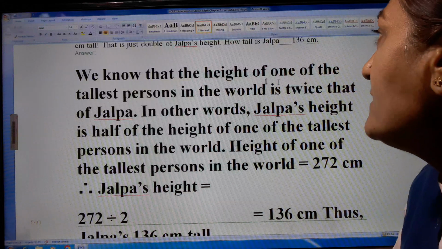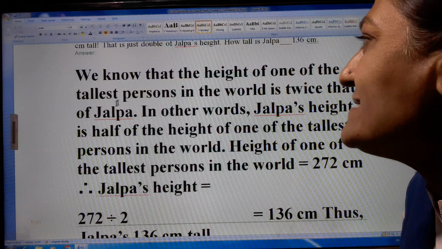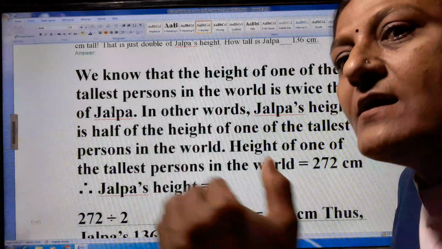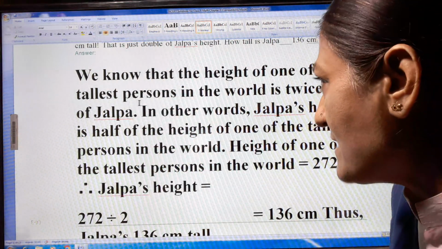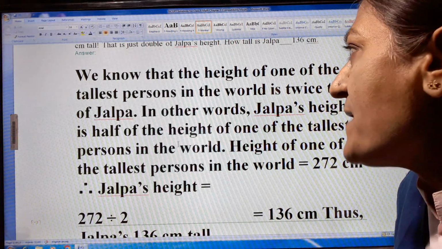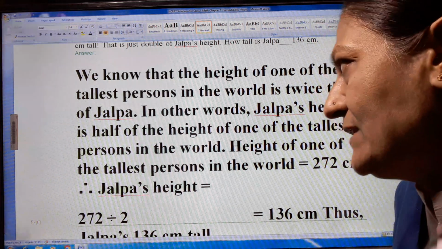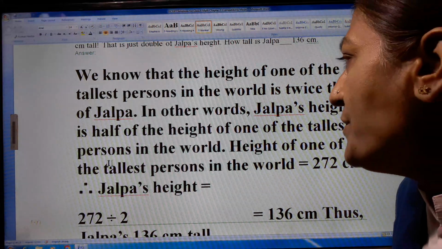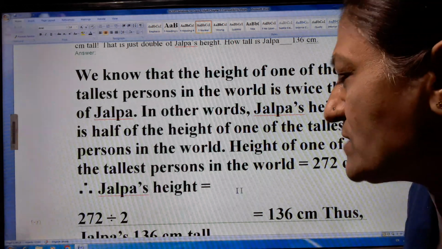We know that the height of one of the tallest persons in the world is twice that of Jalpa. In other words, Jalpa's height is half of the height of one of the tallest persons in the world. The height of that tallest person is equal to 272 centimeter.